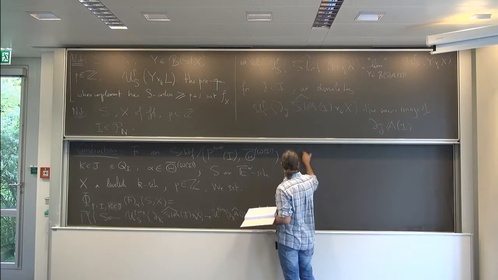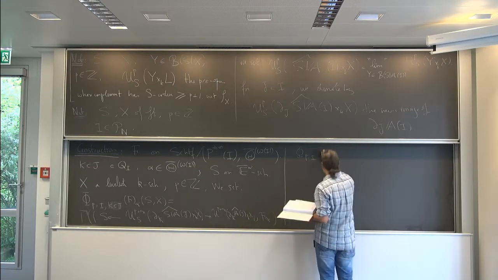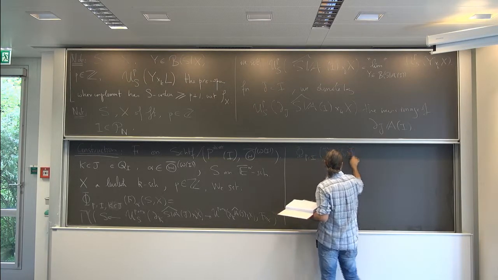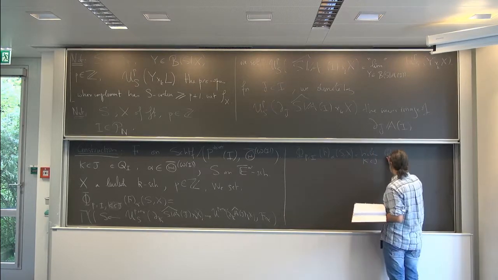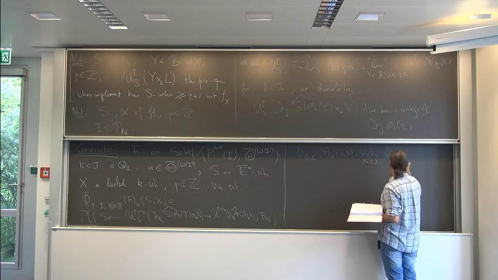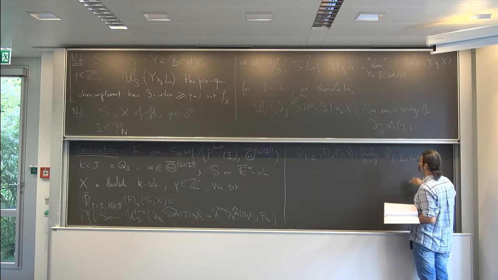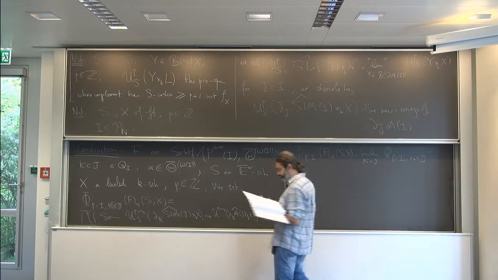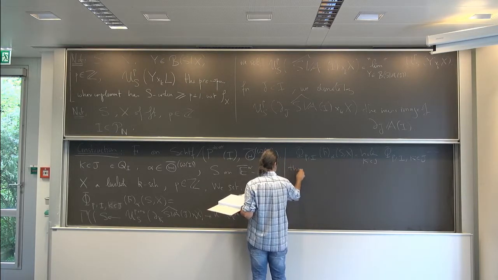So I define phi pi I f alpha x s x x to be the homotopy limit over k inside G of phi p I k inside G of the same. So this is a tower.